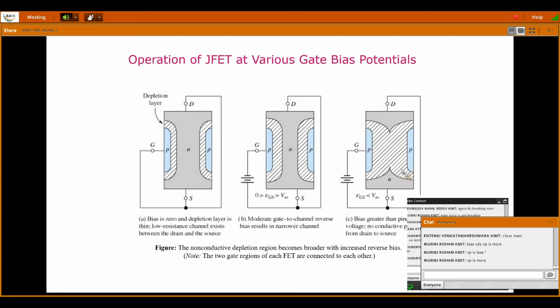Now, if you give more reverse bias, the two depletion regions touch each other. But because this is with respect to VGS, not VDS, both the depletion regions are uniform here. But we have explained our operation with respect to VDS, so the depletion region penetration was not uniform.